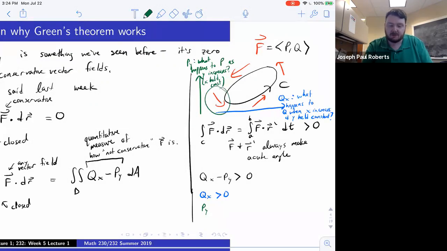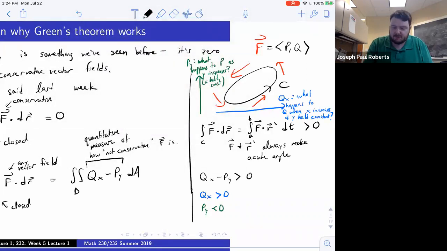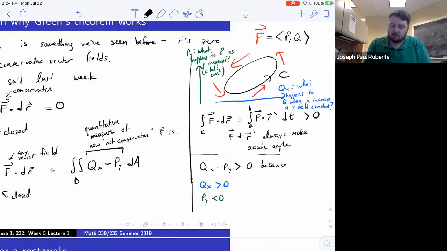P is positive because the vector is pointing to the right, and P is negative here when it's pointing to the left. So it seems like Py is negative, and therefore a positive minus a negative is guaranteed to be positive. And when you do the double integral of a positive function, you get a positive answer.